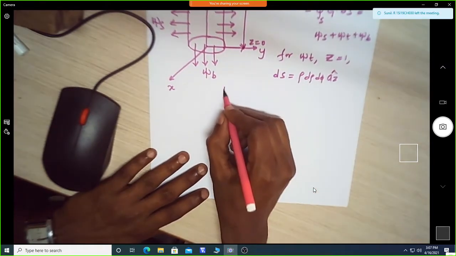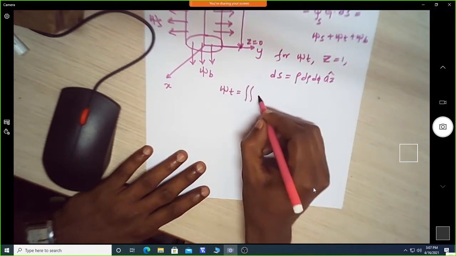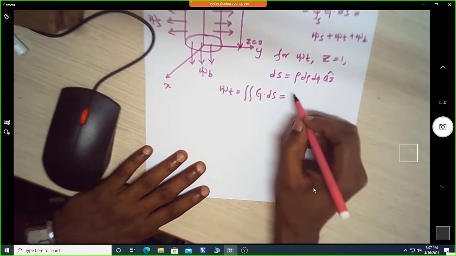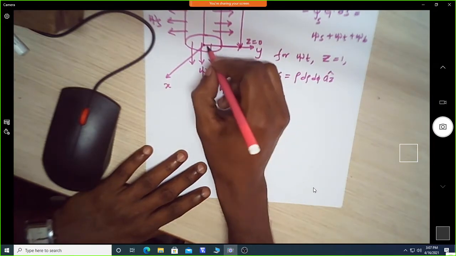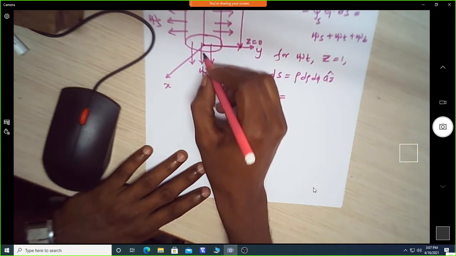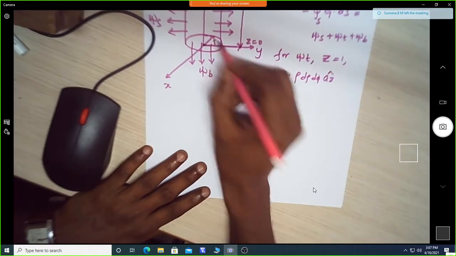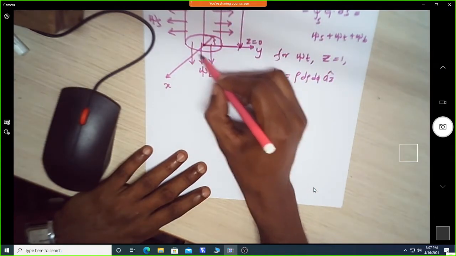So now we can evaluate psi at the top surface, which is the double integral of G dot ds. There is a rho variation here, where rho is the radius of this cylinder, varying from 0 to 1. The maximum value of rho is 1 at this point.